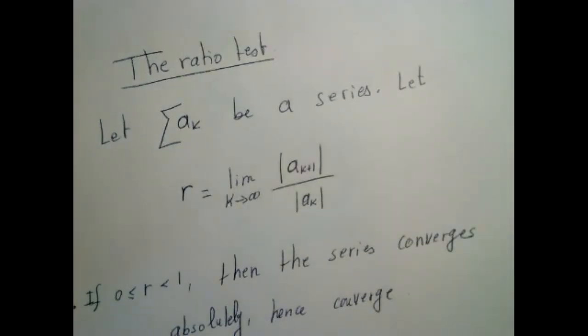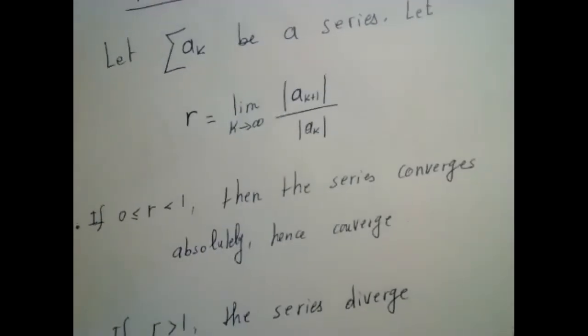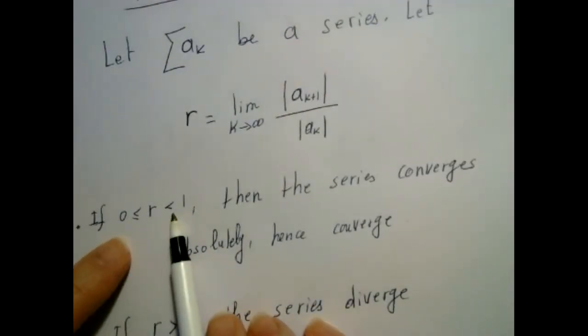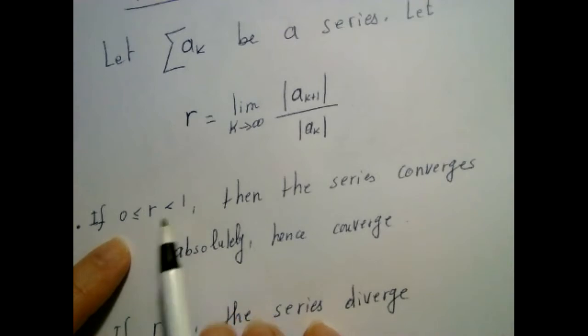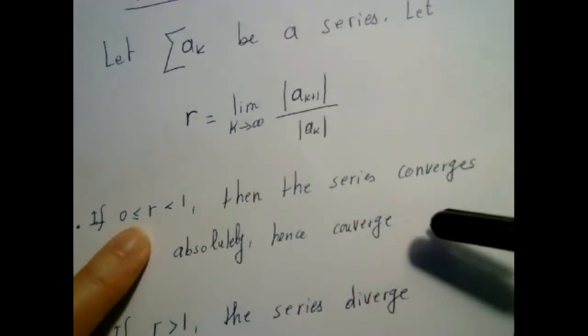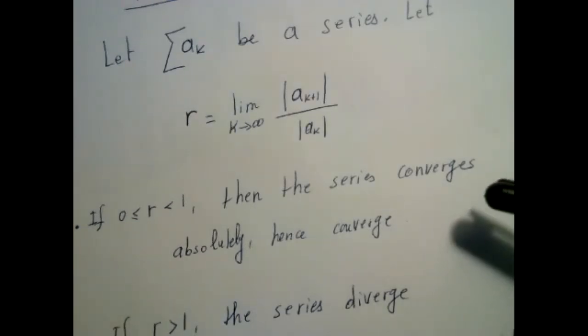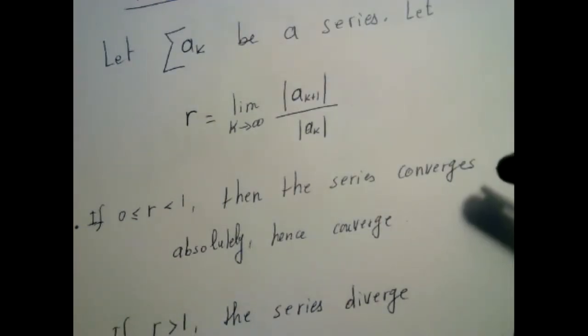Then the ratio test tells me, if this ratio is less than 1, basically, because the ratio has to be positive since I'm taking absolute value, then the series will converge absolutely, hence converges.